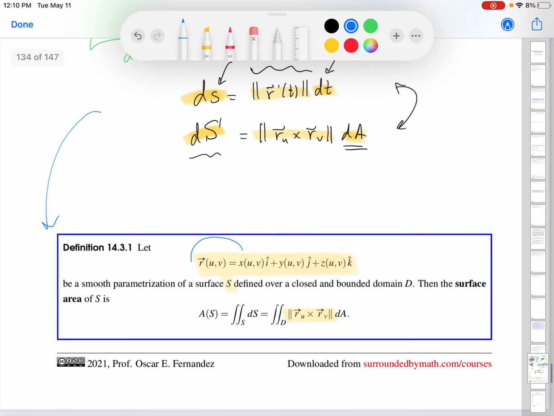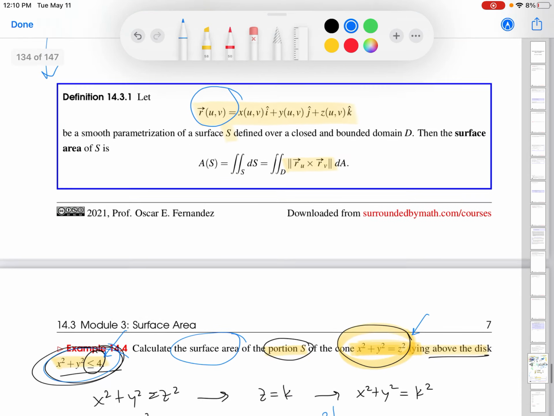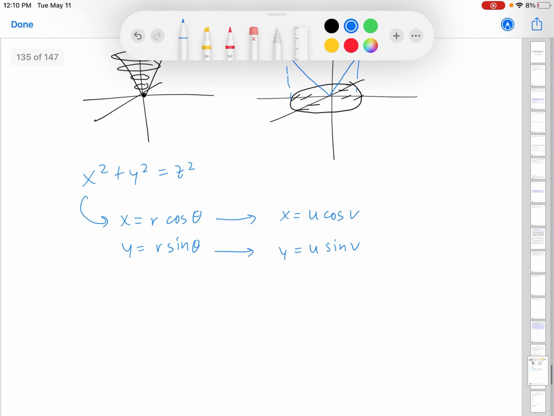Again, to stick to our parameterization standard notations of u and v. Great. If I do that, then x squared plus y squared, which used to be r squared, is u squared. And this cone is defined by x squared plus y squared equals z squared. So x squared plus y squared equals z squared tells us that z equals u.